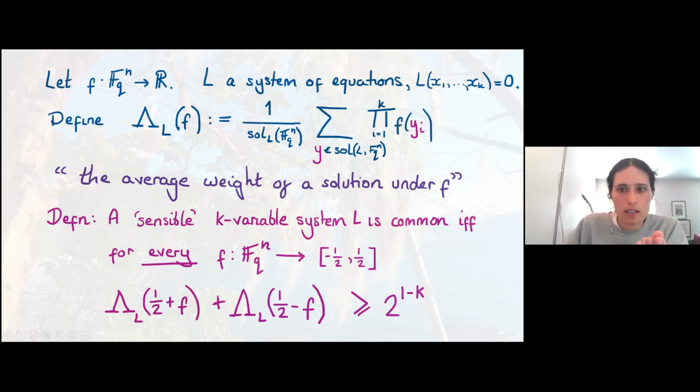You take the product of the weights of your solutions. The equivalent definition says it's common if and only if for every function like this, the weight of the solutions in a half plus f plus the weight of solutions in a half minus f is at least something. You can believe me that this is an equivalent definition. Why does it help to think about functions?